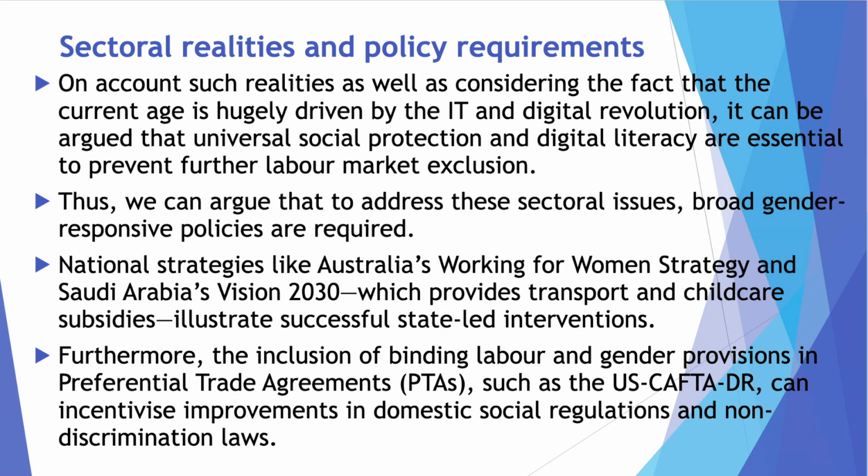National strategies like Australia's Working for Women strategy and Saudi Arabia's Vision 2030, which provide transport and childcare subsidies, illustrate successful state-led interventions. Furthermore, the inclusion of binding labor and gender provisions in preferential trade agreements, such as US CAFTA-DR, can incentivize improvements in domestic social regulations and non-discrimination laws.